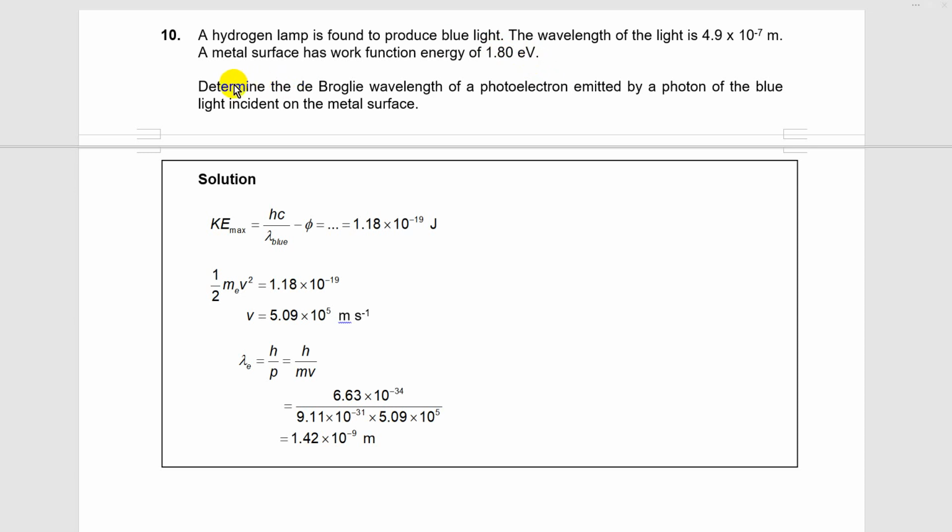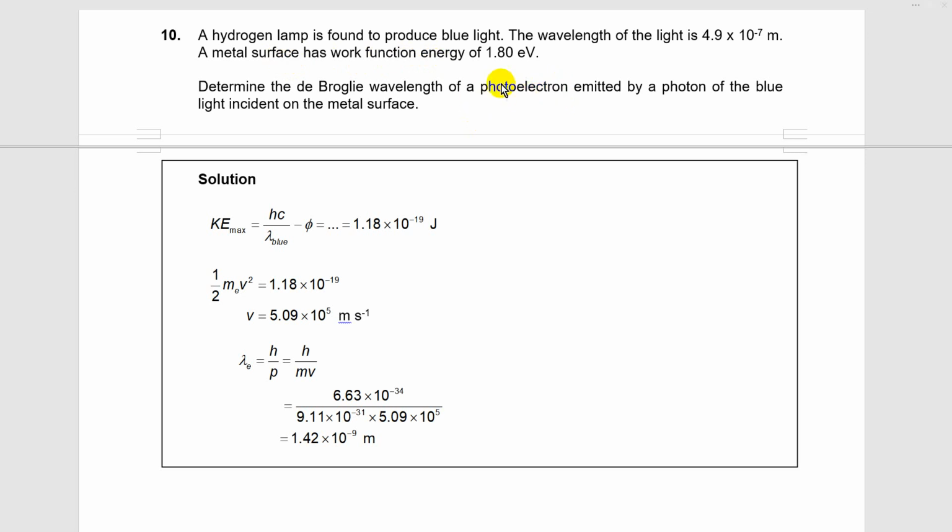Then what happens when light falls on the metal surface? Well, we know from a photoelectric effect experiment, electrons will be ejected from the metal surface. The electrons ejected from the metal surface will have a certain kinetic energy. The electrons will be fast moving electrons. We learned that an electron, when it's moving, behaves like a wave.